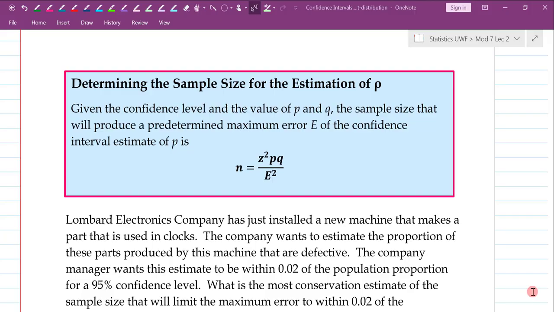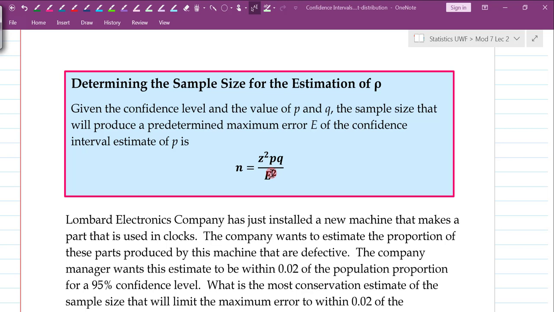Okay, so the last thing we need to do is be able to determine the sample size when we're estimating our population proportion. If we're given a confidence level and the values of P and Q, the sample size that will produce a predetermined maximum error, E, of the confidence interval estimate of our proportion is N equals Z squared PQ divided by E squared.